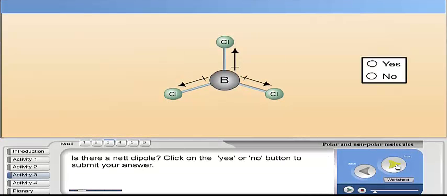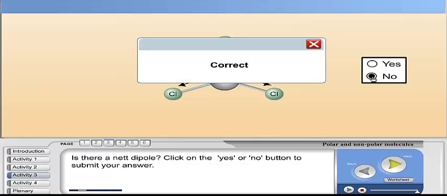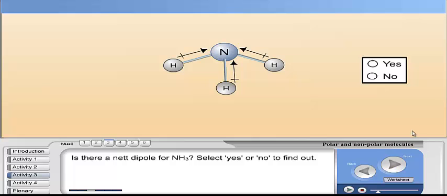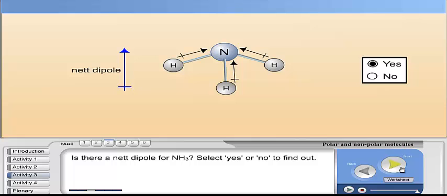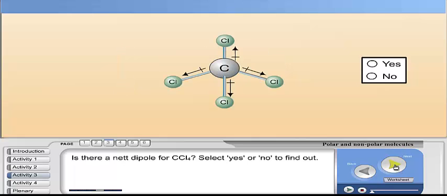Is there a net dipole? Click on the Yes or No button to submit your answer. Is there a net dipole for NH3? Select Yes or No option button to find out. Is there a net dipole for CCl4?